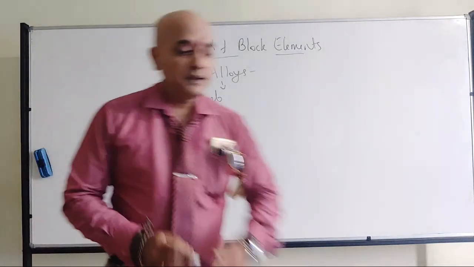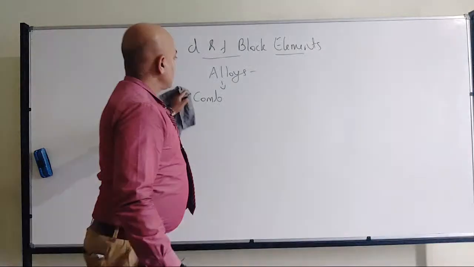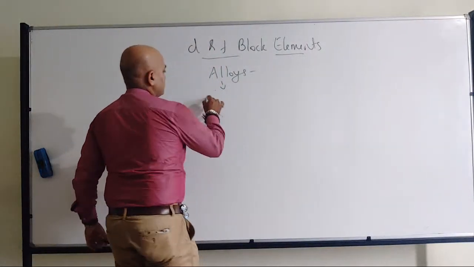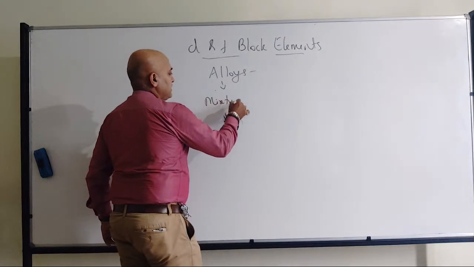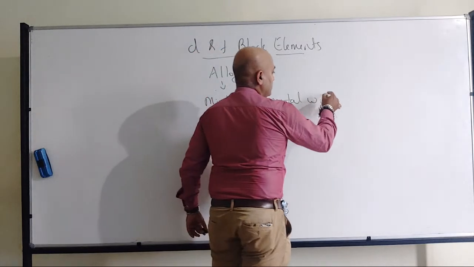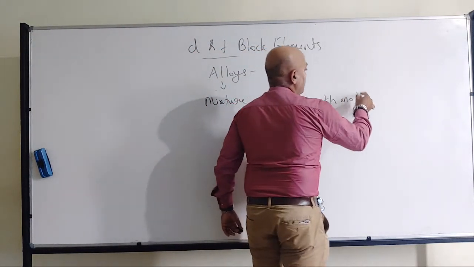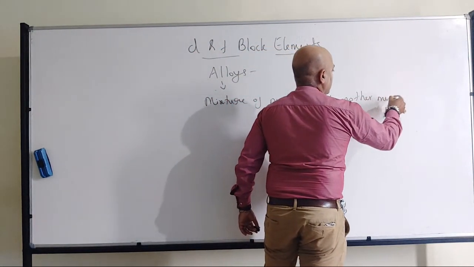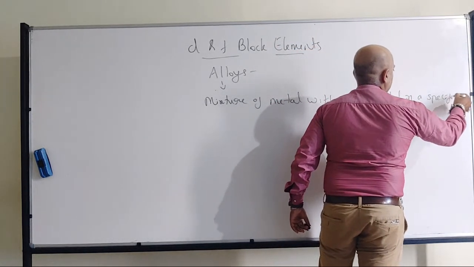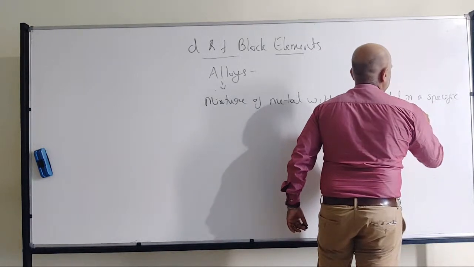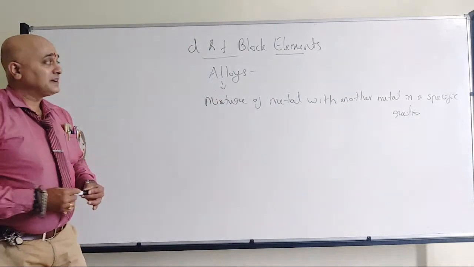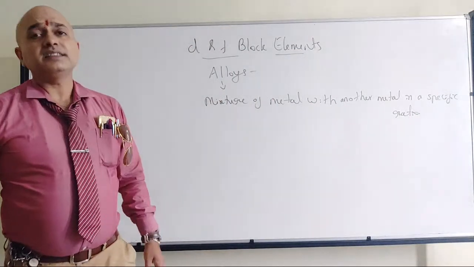It is a mixture of a metal with another metal in a specific ratio. Other elements, non-metals, can also be present, but it should be a metal with another metal.